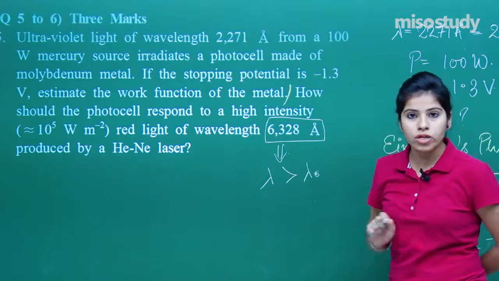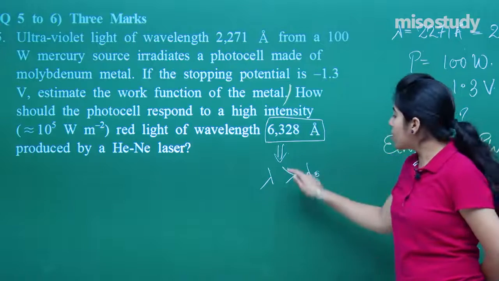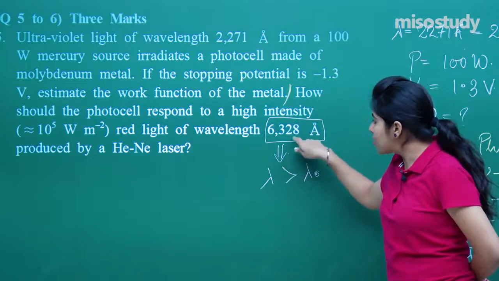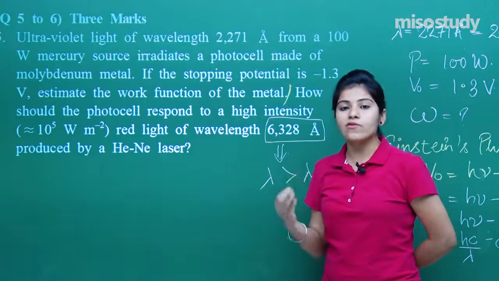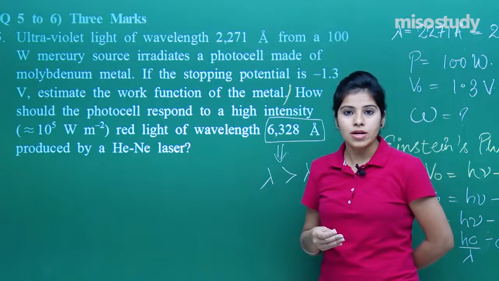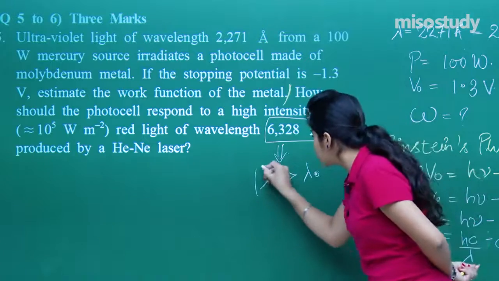In case the wavelength comes out to be less than the threshold wavelength, then the photocell is going to respond. So we have to check this condition.